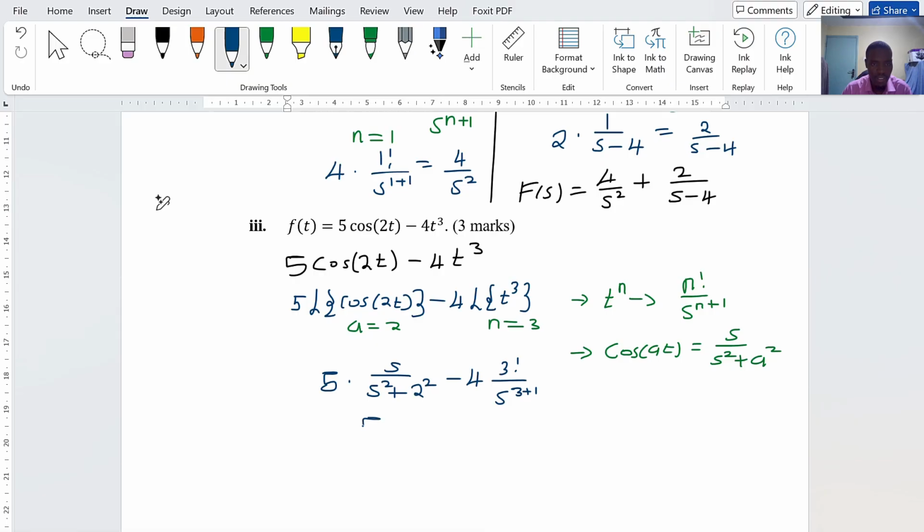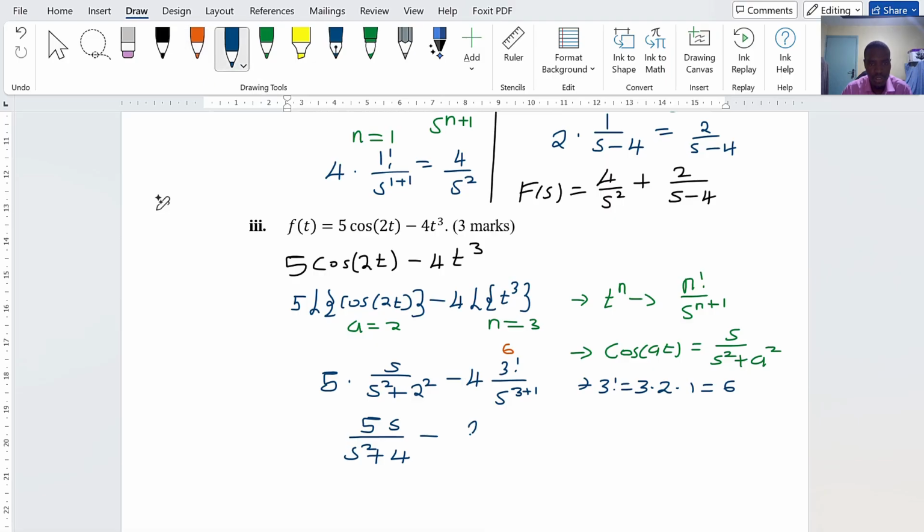Now you have 5s over s squared plus 4 minus 3 factorial, which is just 3 times 2 times 1, which is just 6. So we have 6 here. Now 6 times 4, 24.